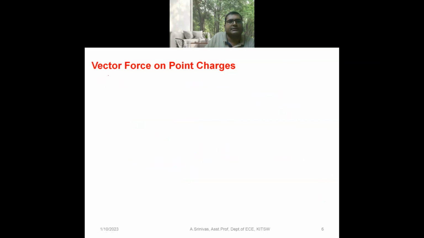The next is the force on Q2 due to Q1. Once again, consider the same point charges Q1 with position vector R1, and Q2 with position vector R2.